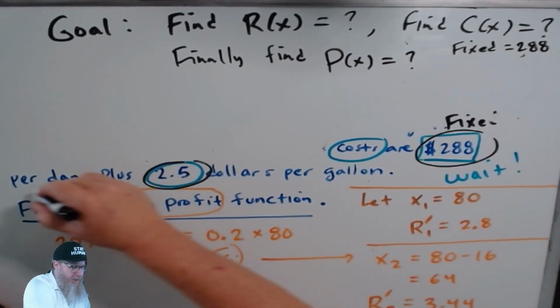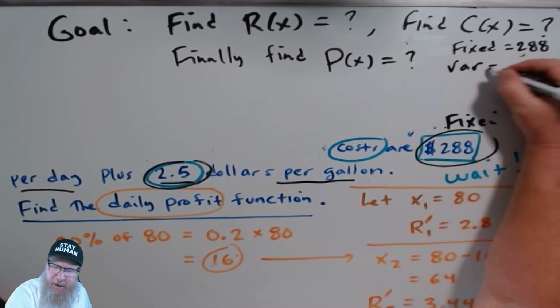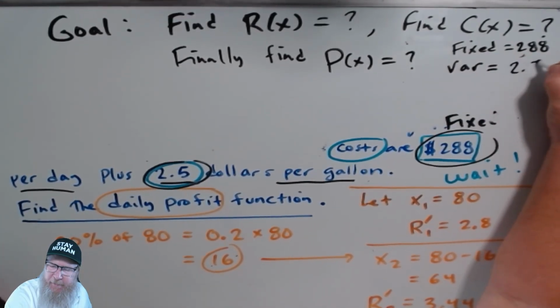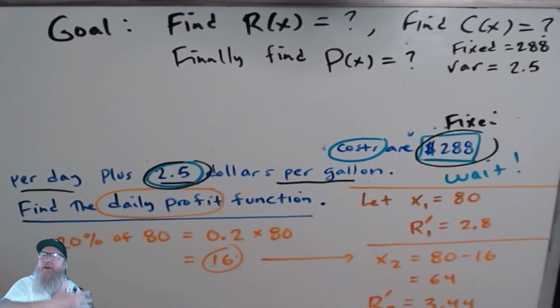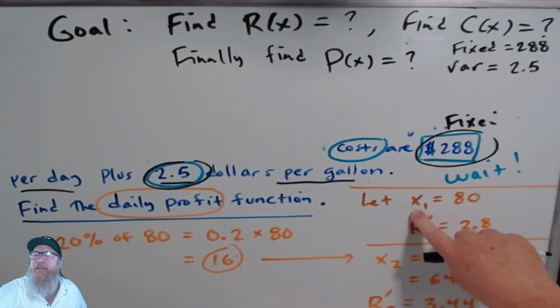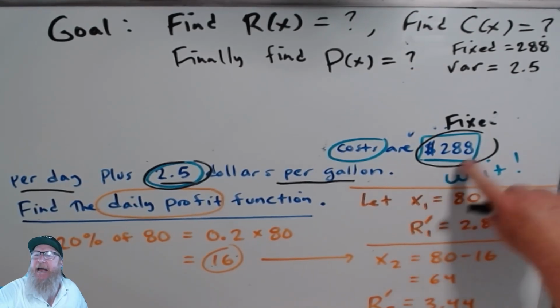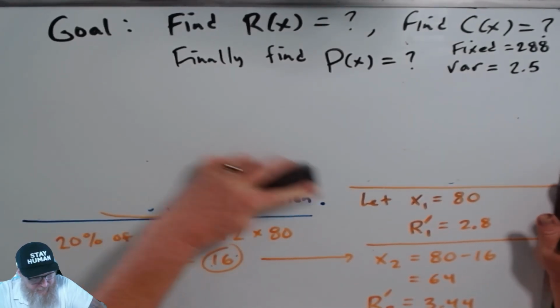And the variable cost, var cost is 2.5. So in other words, each gallon of ice cream variably, as I make more of it, that's per gallon, it's based on X, is $2.50. But then every day I have to spend $288 just to keep the ice cream factory open.